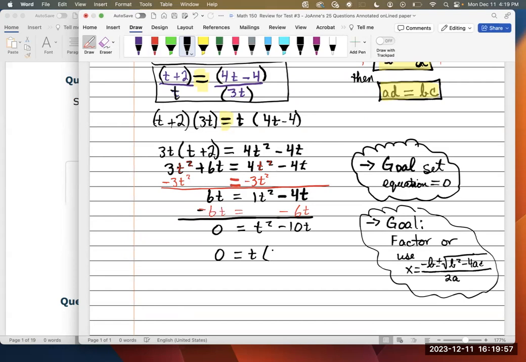I can factor out a t, and I'm left with t times t minus 10. So now I set each factor equal to 0 and solve.